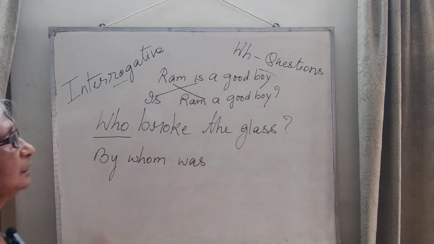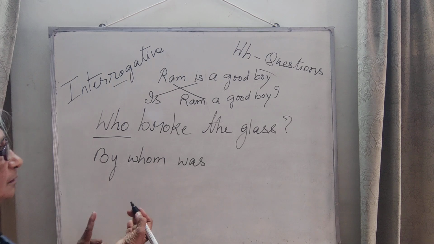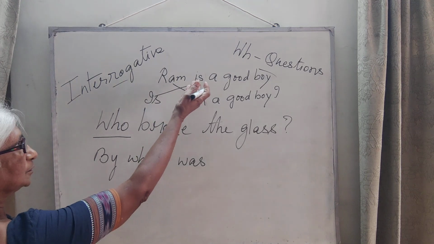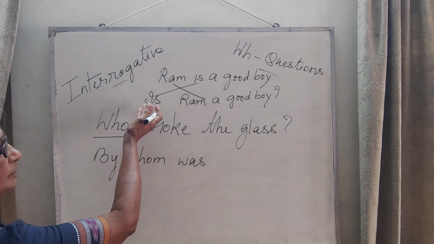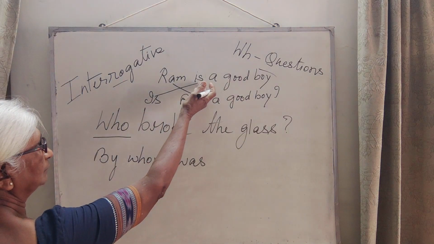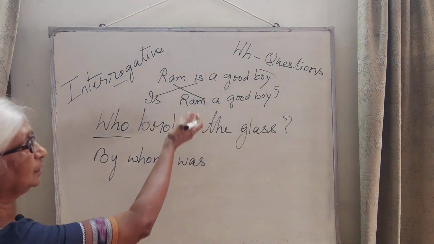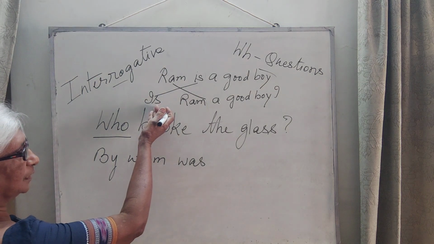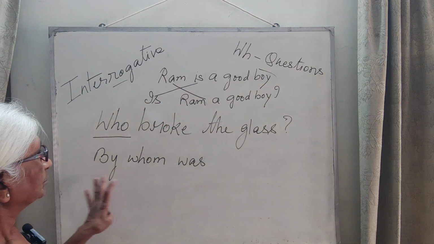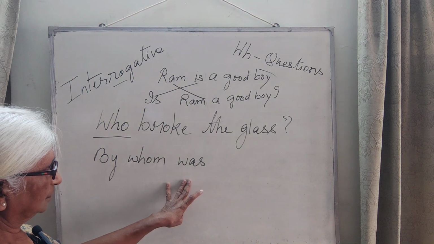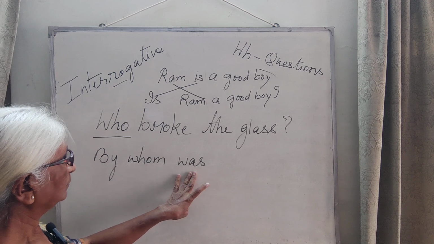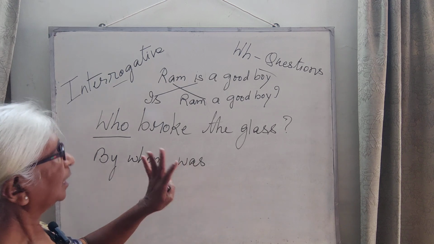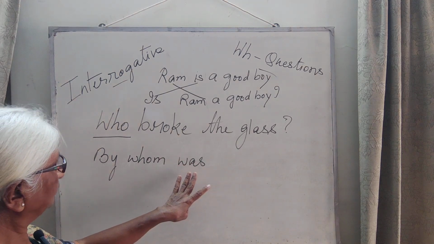So what have we done here? In order to make a question, we have brought the auxiliary verb in front. Here it is the main verb, auxiliary verb is not there, or helping verb is not there. So we are bringing the main verb in front. Similarly, by whom was. So the helping verb, or the main verb, according to the sentence will come in front.